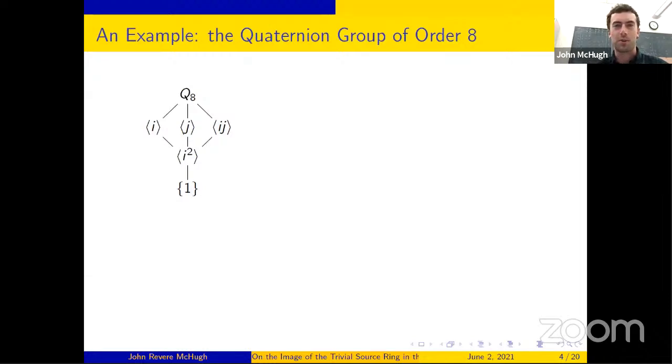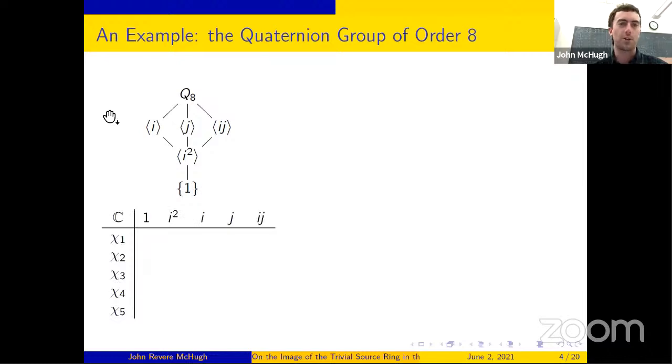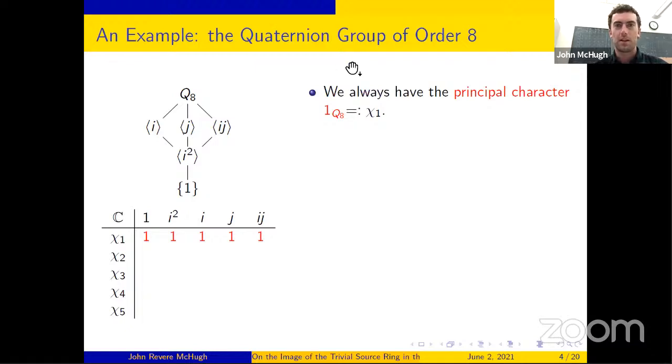Now here's an example computation, which again, I'm sure everyone is familiar with. Here's the quaternion group of order 8, Q8, and its subgroup structure. I'm going to show how you could use these operations to compute the character table. We always have the trivial character, given by the action where Q8 acts trivially on a one-dimensional vector space.